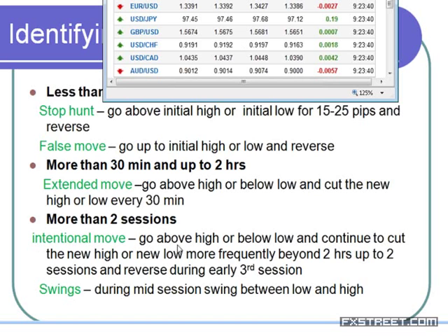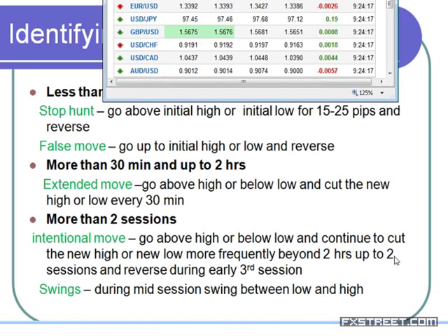So the intentional move is the one where they go above the initial high and stay there. In the case of GBP, they just went above the initial high, 1.5671, and continued to cut new highs slowly and frequently beyond 2 hours.